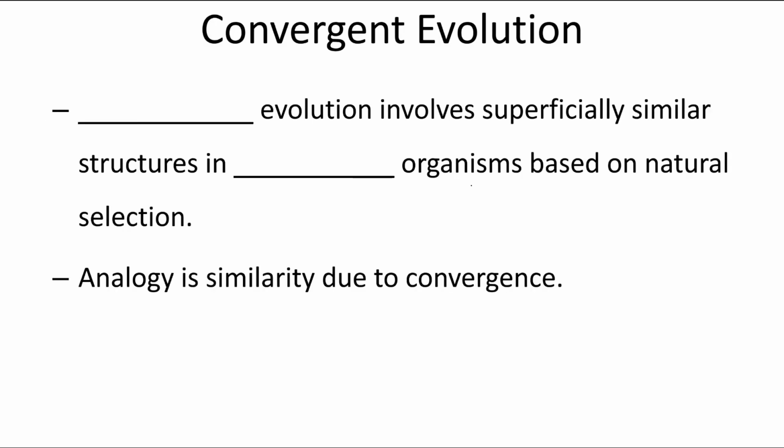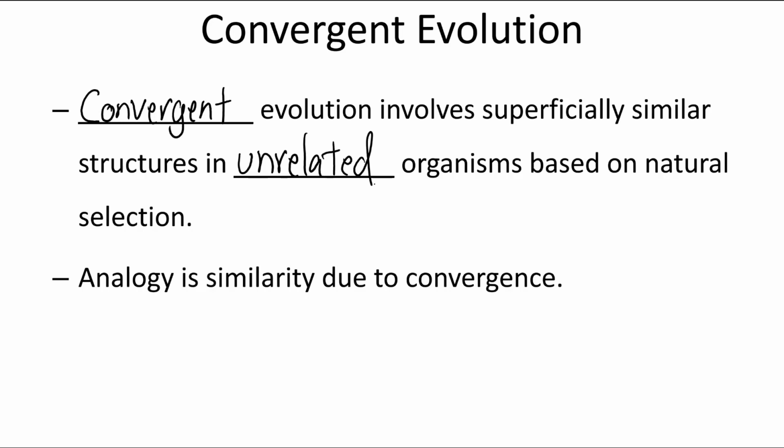Convergent evolution can make things a little confusing sometimes, though. Convergent evolution involves superficially similar structures in unrelated organisms, simply based on natural selection. And convergent evolution causes analogy. Analogy is similarity due to convergence.